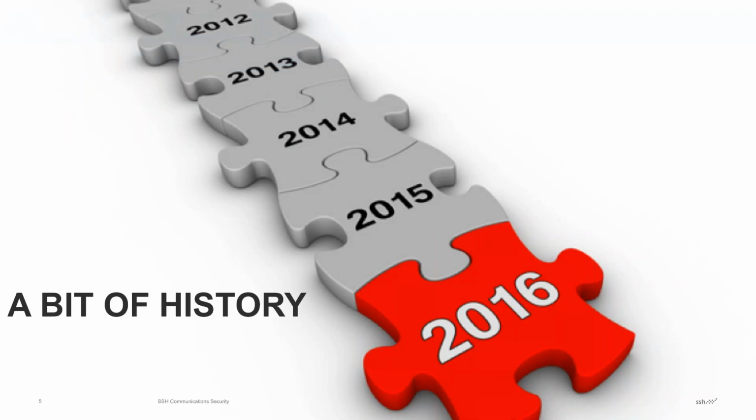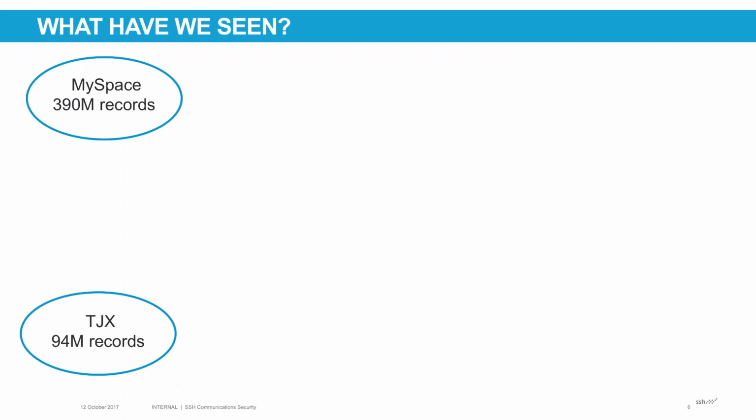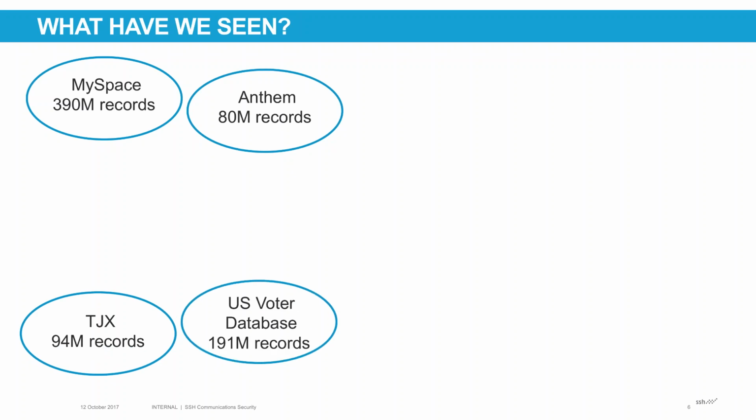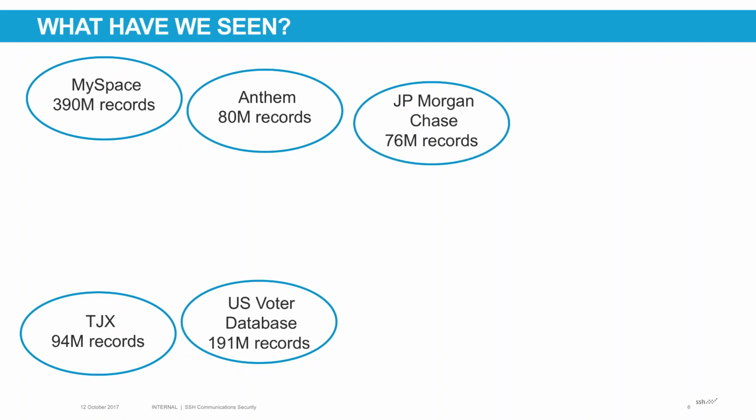All right, let's take a look back, a little bit of history. Some of these are going to be easy for some of you to remember. Some of you probably were not around when some of these happened, but these are some of the big names of breaches. These things are happening every day. MySpace happened with 390 million records, TJ Maxx, 94 million records, Anthem had 80 million, US voter database, 191 million records, JP Morgan Chase, 76 million.